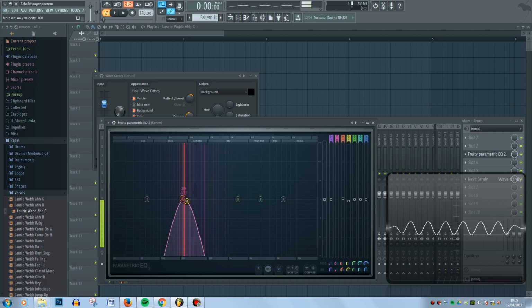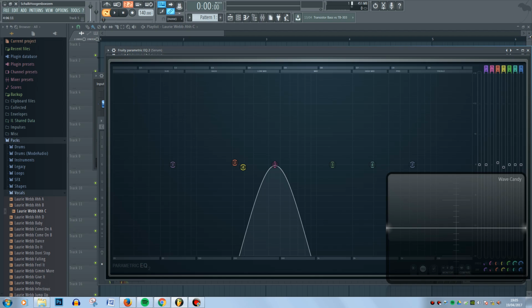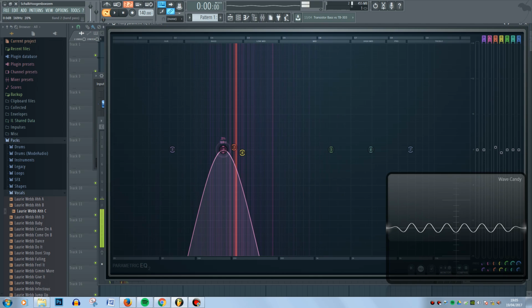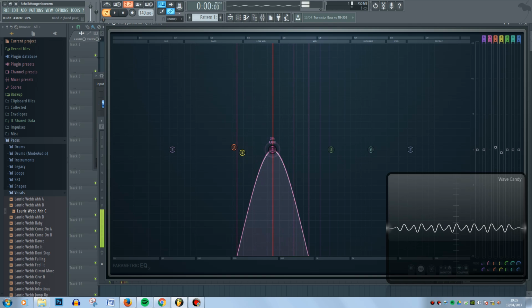So the next overtone will be twice that, which is 450 or about. This one is 220, if I'm exact, it's about 220 hertz, and the next one should be 440.